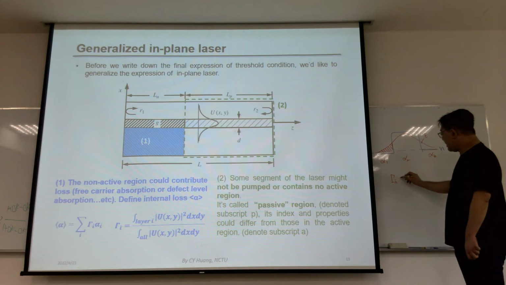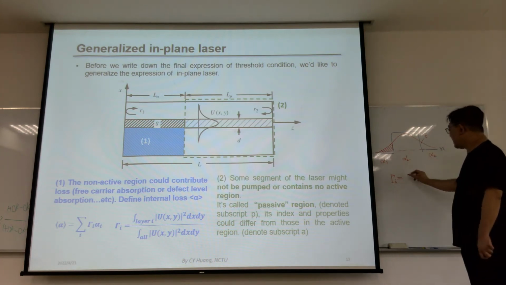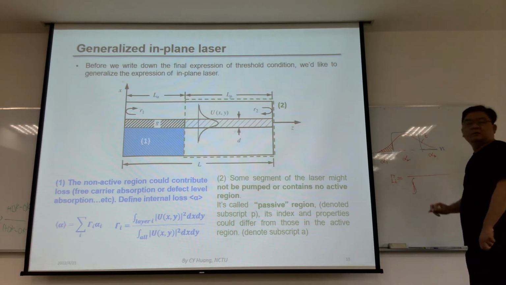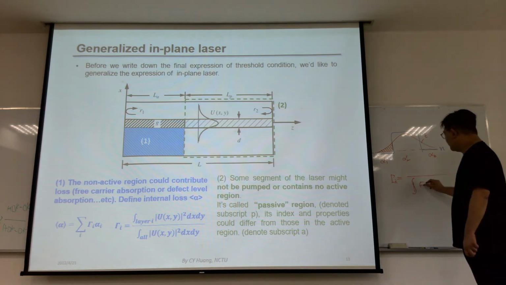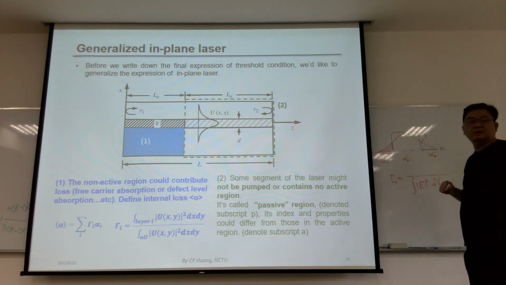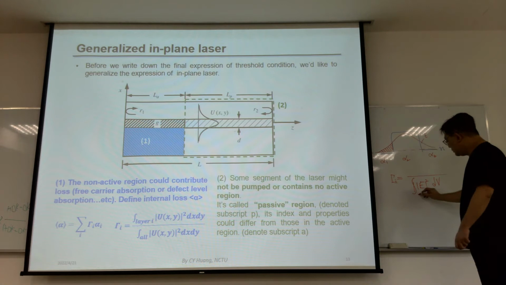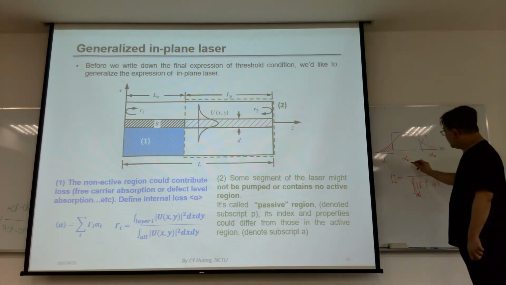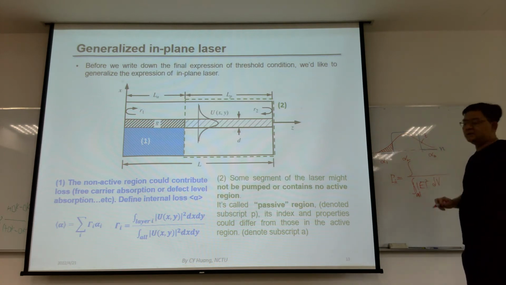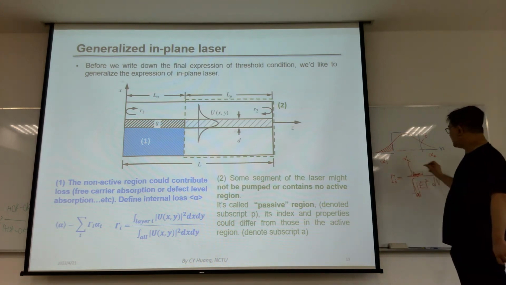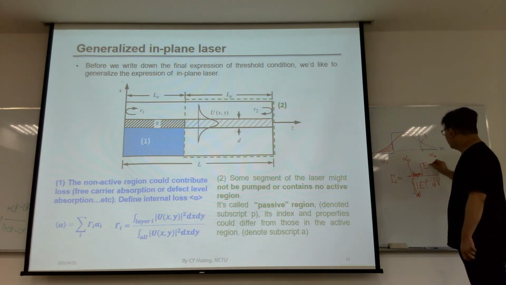So gamma i is calculated by the integration of E squared dV in layer i, divided by the integration of E squared dV over all layers, the whole structure.